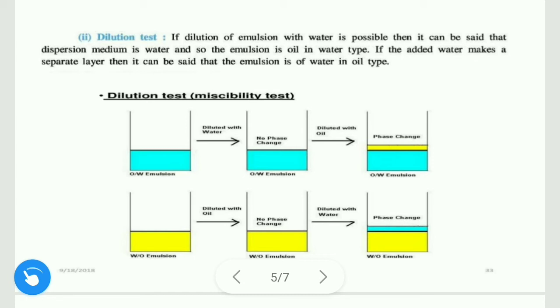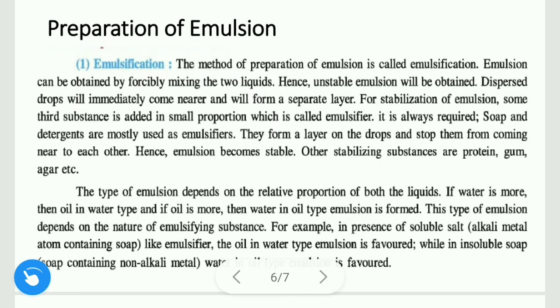If we dilute it with water and no change occurs, we can say it is an oil in water emulsion, because water is present as the whole phase, and so it won't change, and it will not be diluted. So it is an oil in water emulsion.